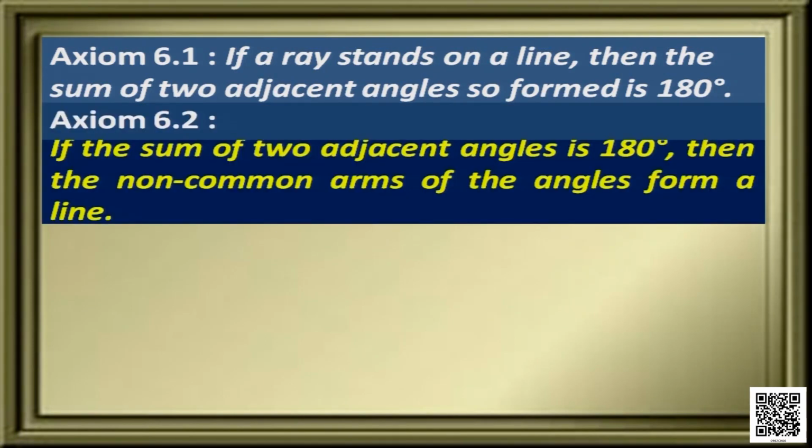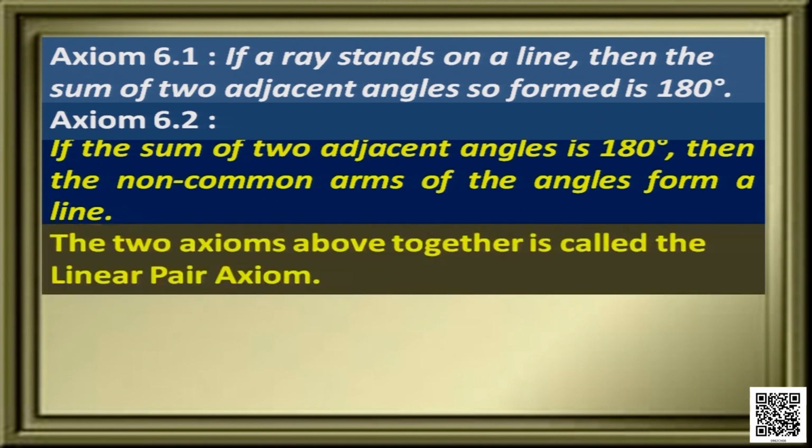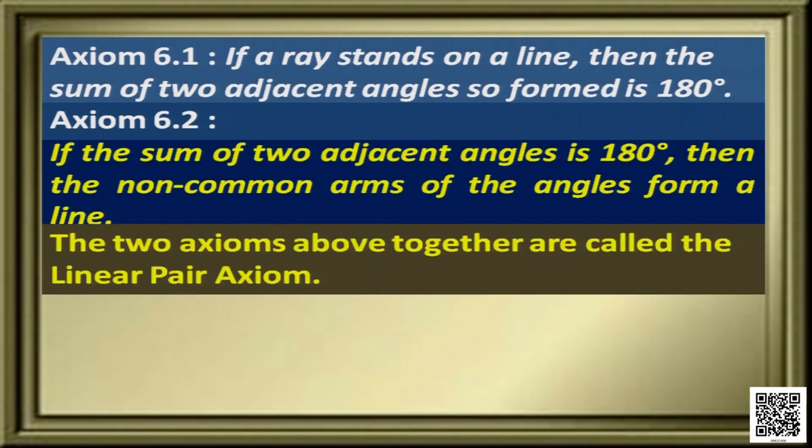And the second axiom says if the sum of two adjacent angles is 180 degrees, then the non-common arms of the angles form a line. The two axioms above together are called the linear pair axiom.